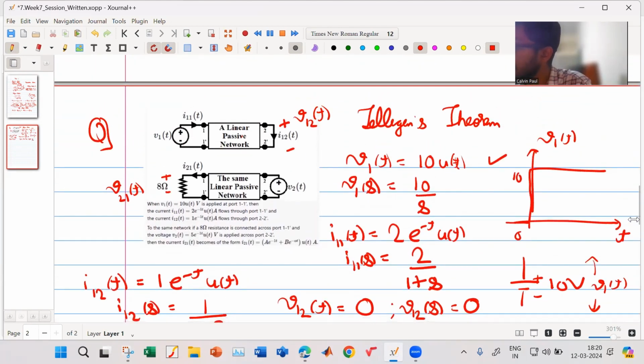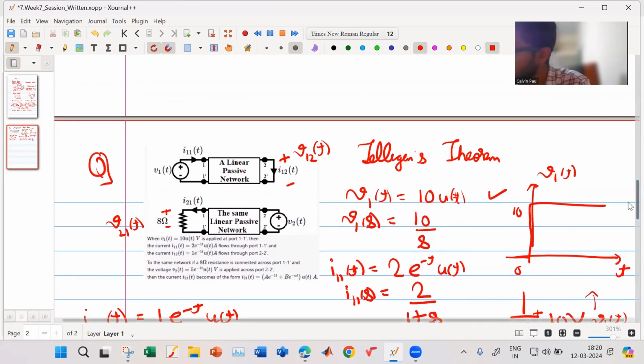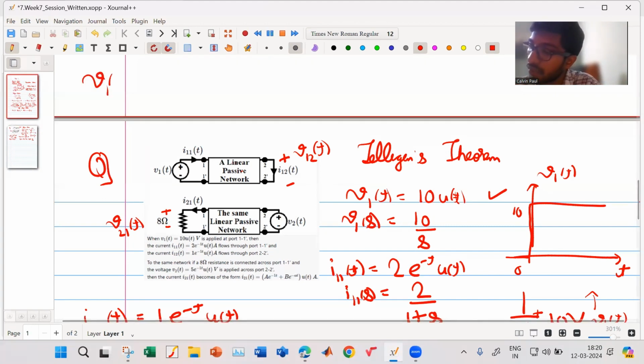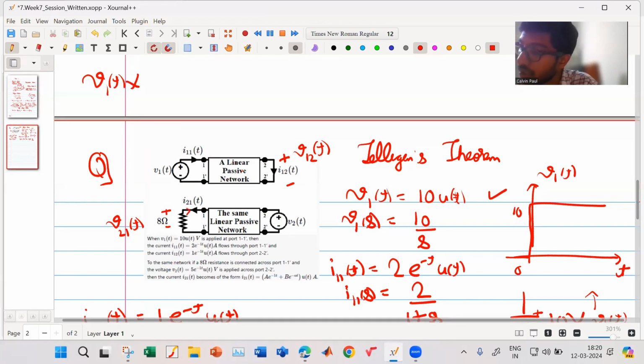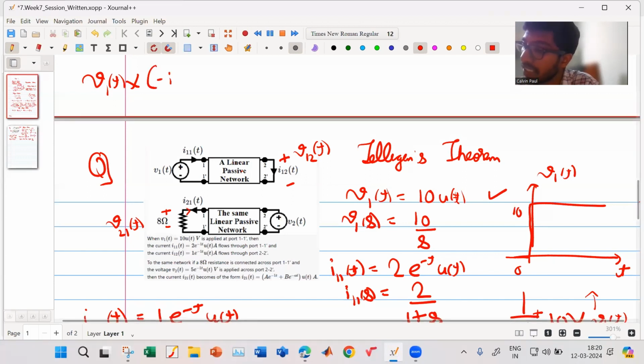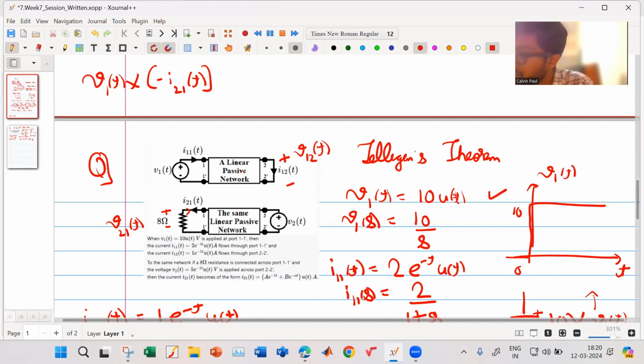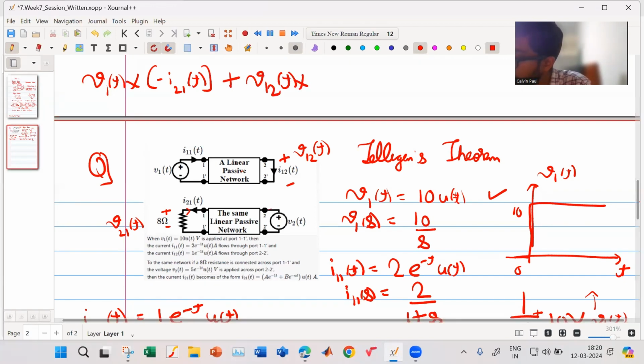Now I have to apply Tellegen's theorem to this. What will be the expression? It will be V1 of t into the current which is going out, so that will be minus I21 of t, plus V12 of t into the current which is coming in.